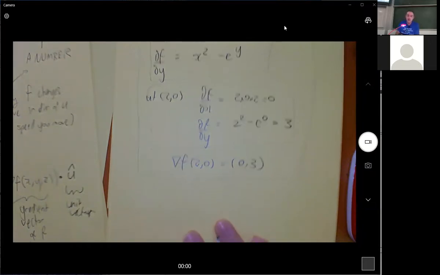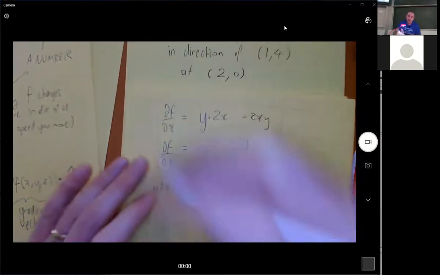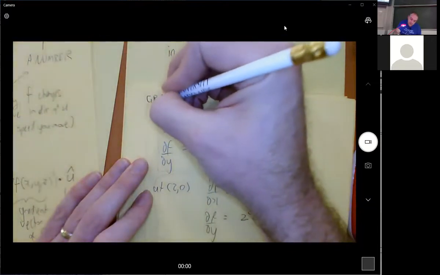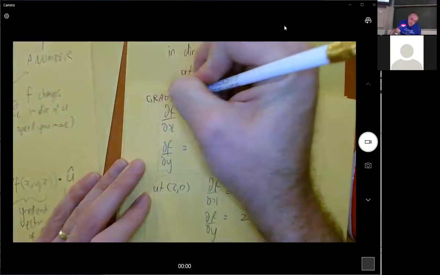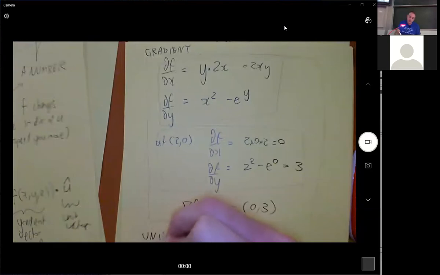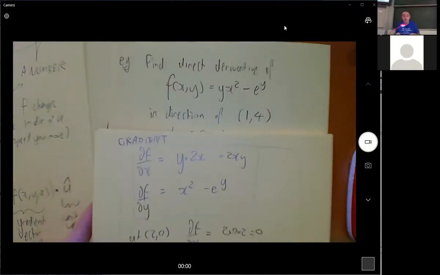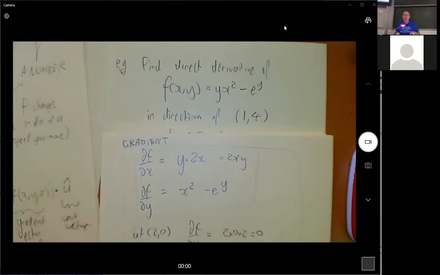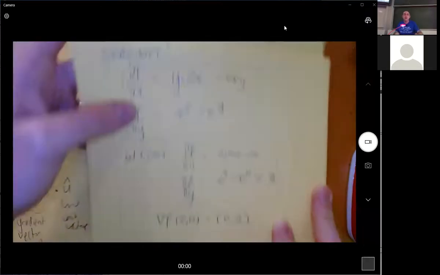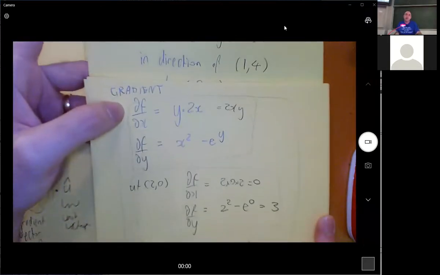Okay, so the next thing I need to do is find a unit vector. So this first step is finding the gradient. And now I want the unit vector. So first I'll just check if it is already a unit vector, and the answer is no, that is much longer than 1. But if it was already a unit vector, that'd be great. And if it's not a unit vector, I need to create a unit vector.